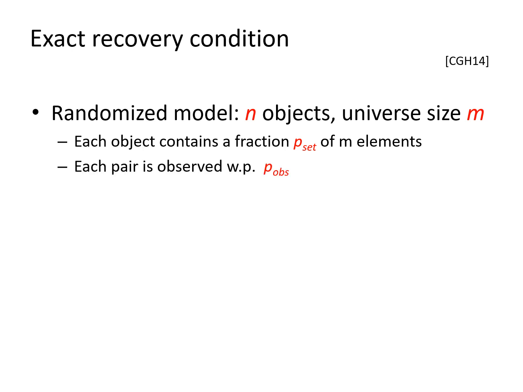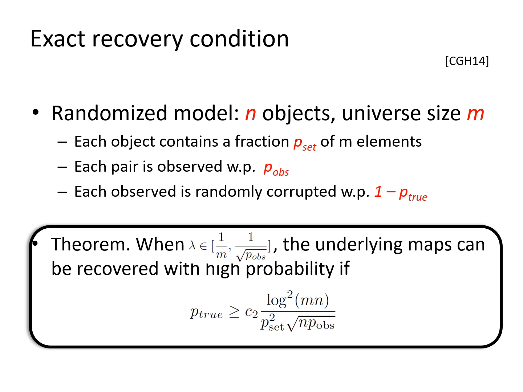Again, each pair is observed with probability p_observe, and each observation is randomly corrupted with probability 1 minus p2. Then we can show that the underlying maps can still be recovered with a similar rate.